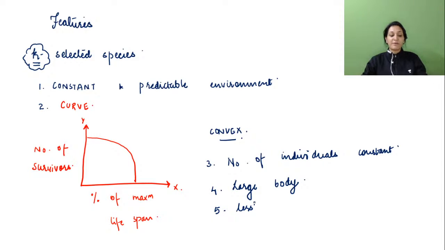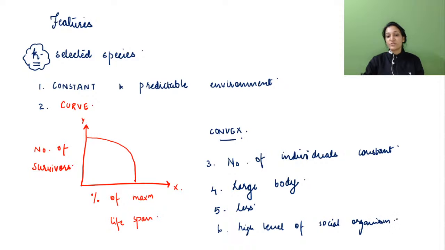Poor dispersal power. The places which they are occupying would be quite less. After that, they have high level of social organization.